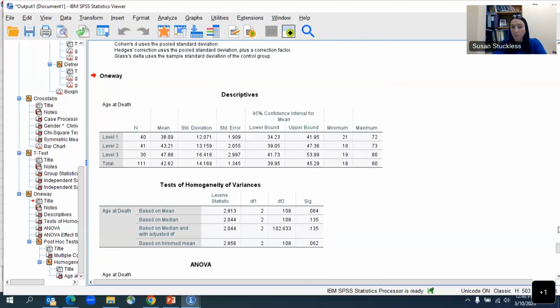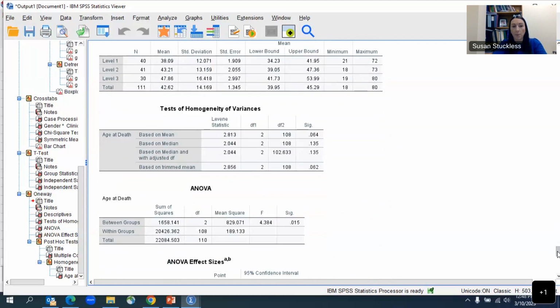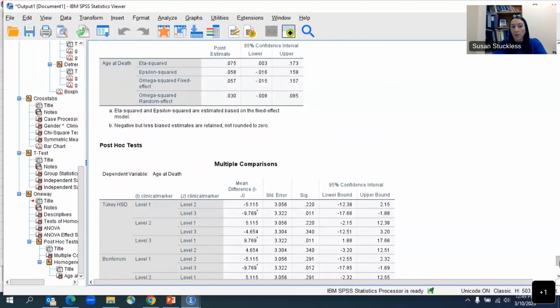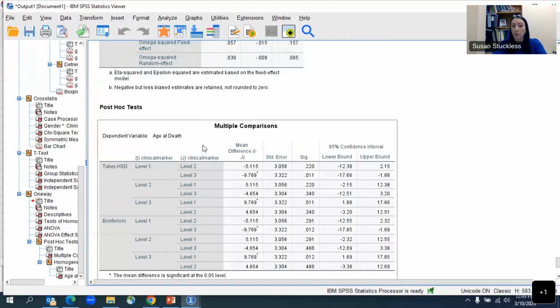You would give your F statistic and the overall significance for the analysis. You can give your effect size, but you would also want to include the post-hoc tests, because even though the overall model is significant, we can't say there's a difference between all levels. You would put in that level 1 versus level 3 is where the significant difference existed.